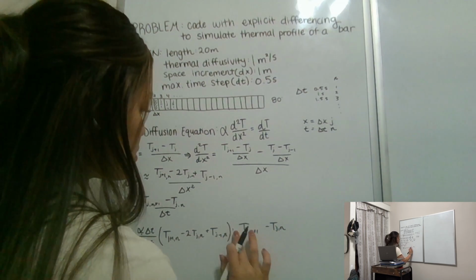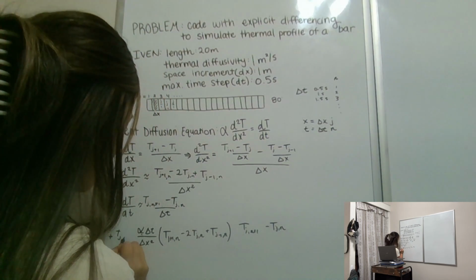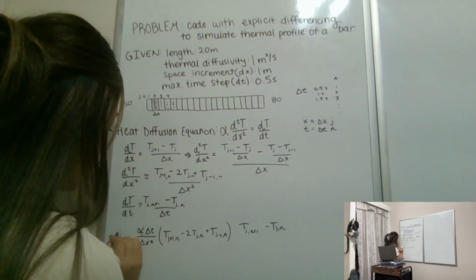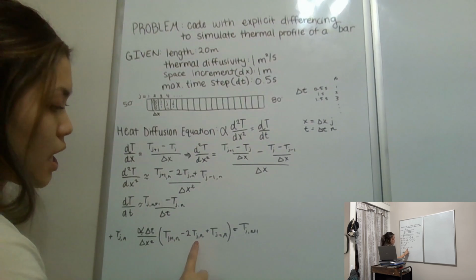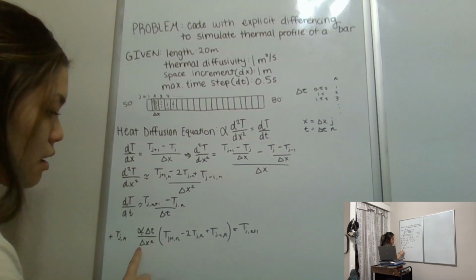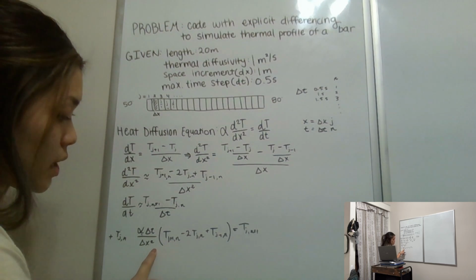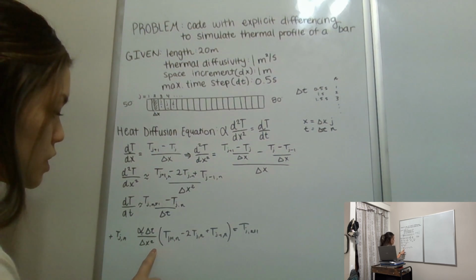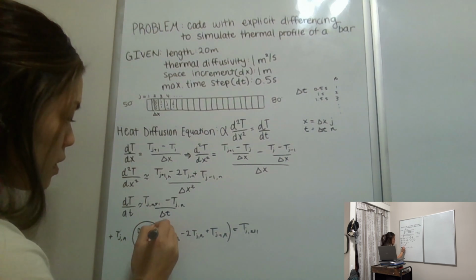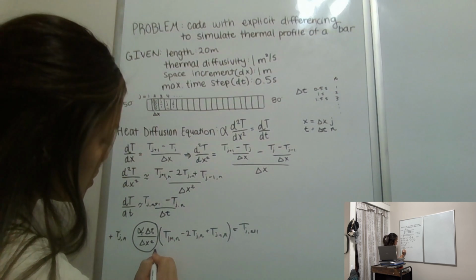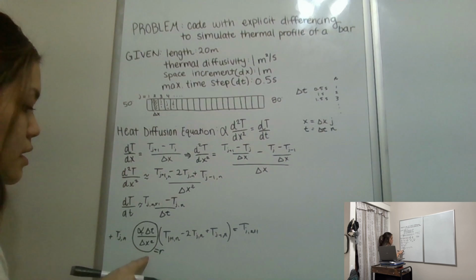a plus TJN here, but the difference is this TJN has this alpha times delta T over delta X squared, and so this quantity we can give a variable, so we'll set it as R. And so this does not have that.